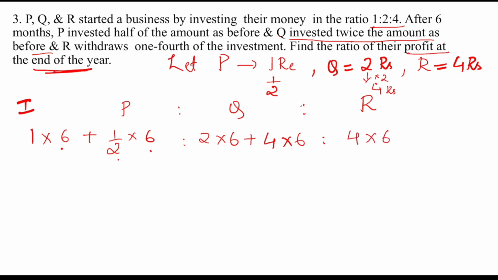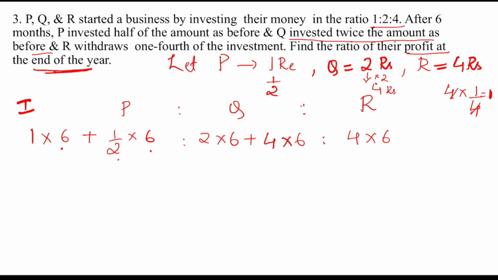Then R withdraws 1/4 of the investment. 1/4 of 4 rupees he withdrew. 4 rupees was his initial investment. So 1/4 he withdrew, means he took it back. So 1/4 of 4 rupees is how much? 4 cancels, which is equal to 1.